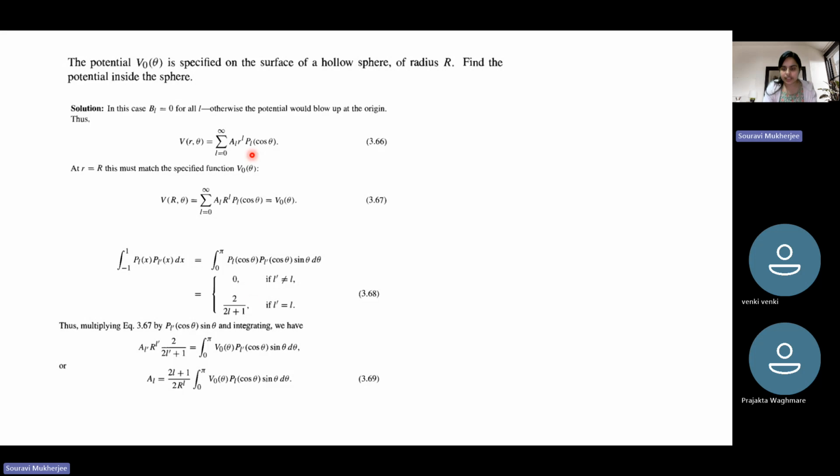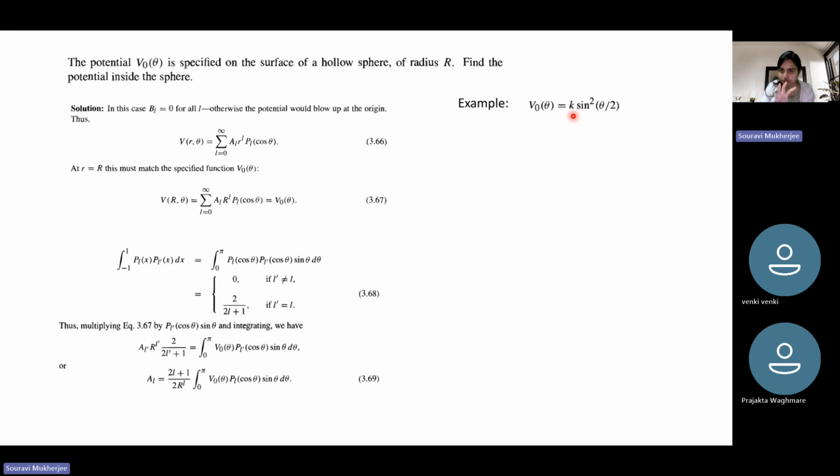Okay, so let us look at an example. Suppose you have a potential like this on the surface of a hollow sphere of radius R, and we want to find the potential inside the sphere. How do we do this?